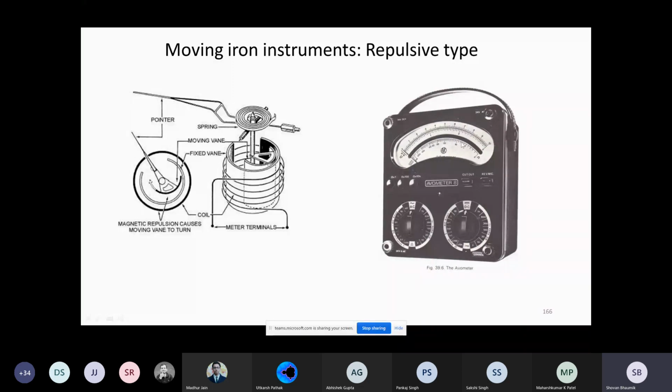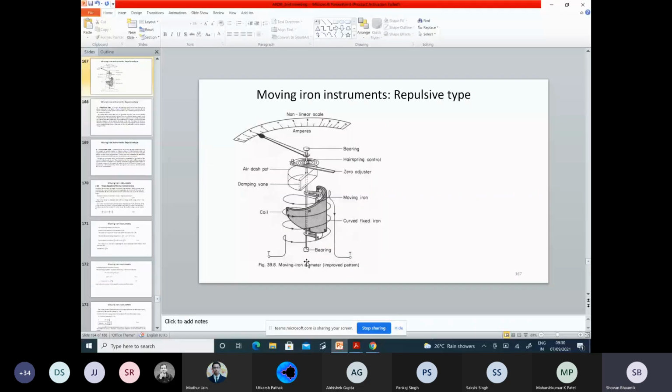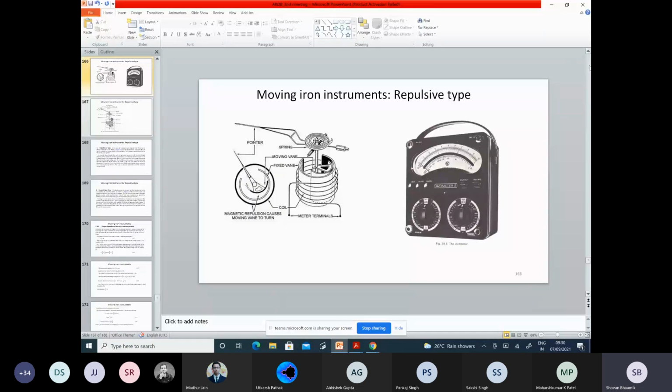If you see how the instrument looks like, it's kind of a box. This type of box you have seen in your machine lab, you used to carry the box with this handle and attach the wires with this meter. And if you see, this is a voltmeter, and there is a small pointer, there is a scale.